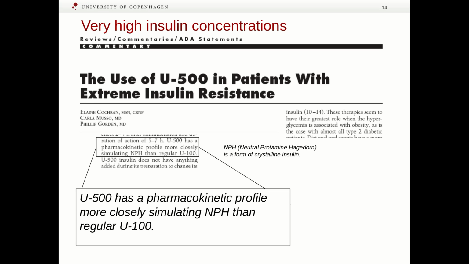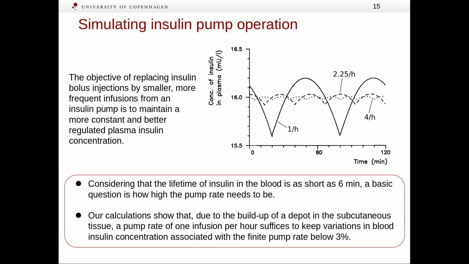And if you go to 500 international units per milliliter, the absorption of insulin becomes so slow that it is as if you are using the so-called NPH insulin, which is a crystalline form of insulin that has a much lower absorption rate.